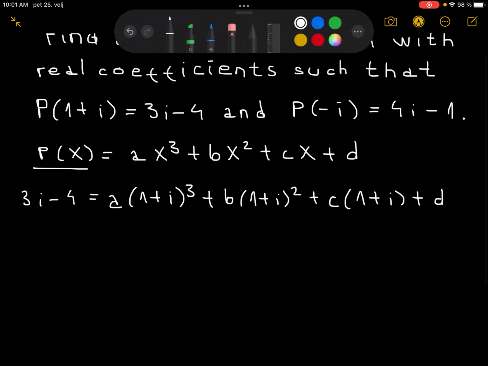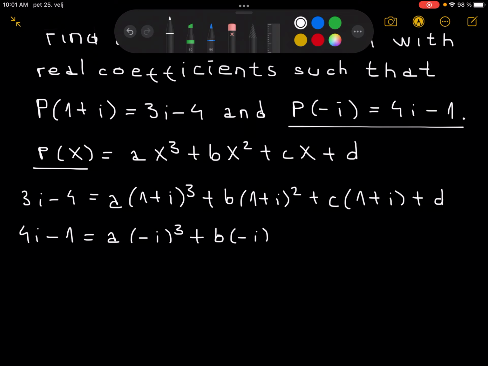We're going to do the same thing with the other condition. So instead of p of x, we're going to put in p of negative i, which is equal to 4i minus 1, which is equal to a times negative i to the third power plus b times negative i squared plus c times negative i plus d.